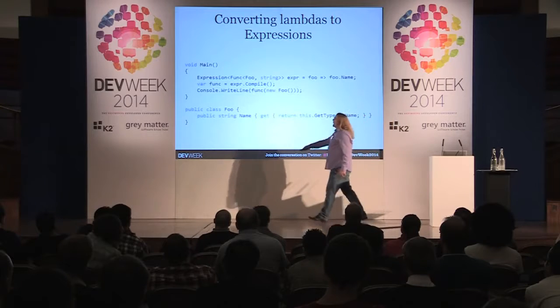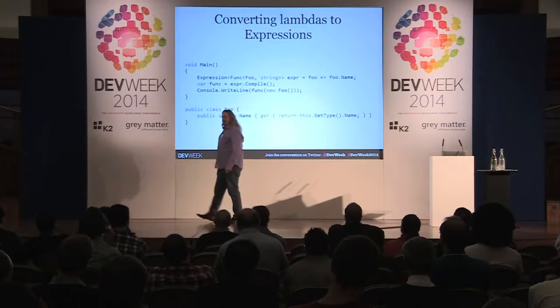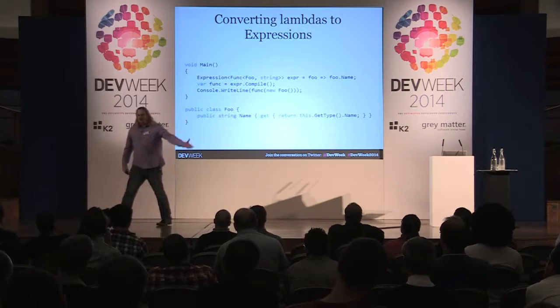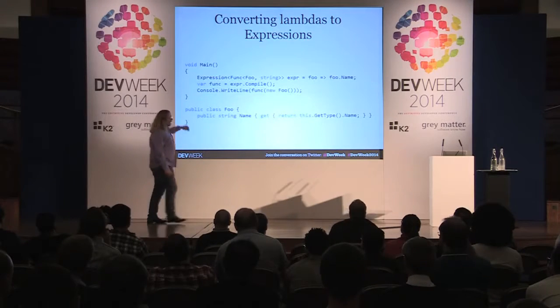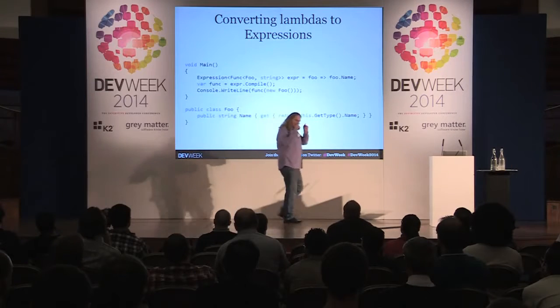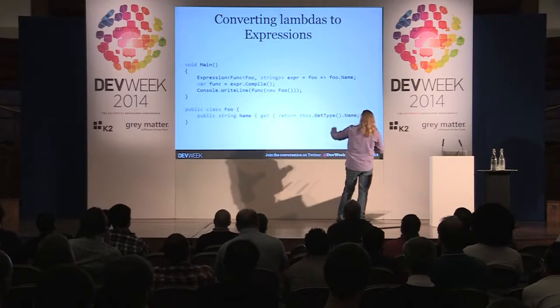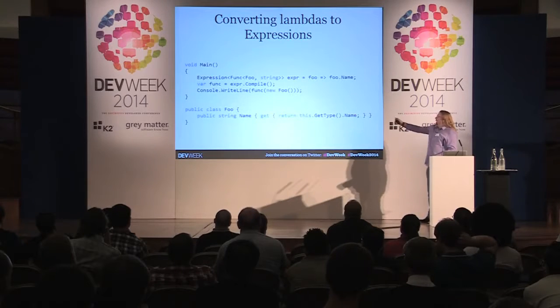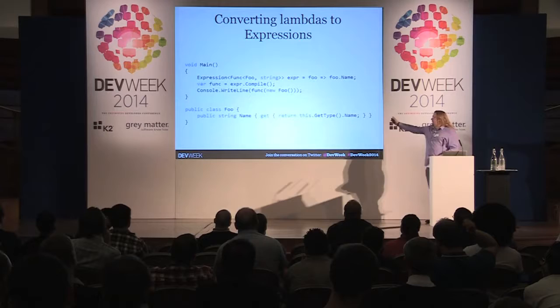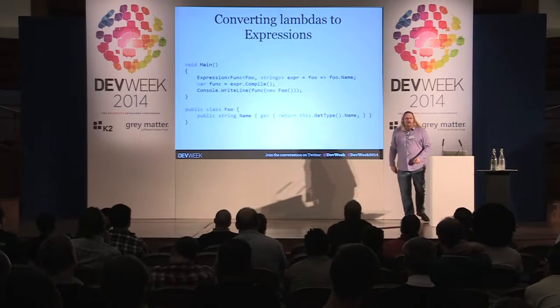And to then execute it, I have to get a function out of this. So I take the expression and I compile it. That will then give me that func there, which is now a func that takes a foo and returns a string. And I can execute it, and that will do exactly what it says on the tin. It'll just emit the name of foo.